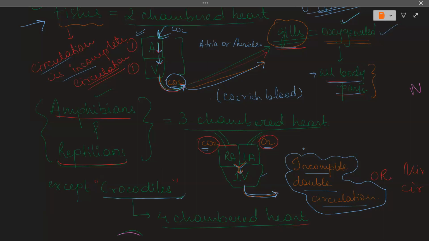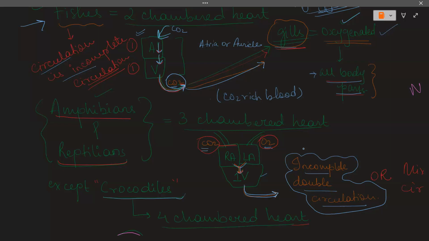Crocodiles have four-chambered heart. All amphibians and reptiles have three-chambered heart, except crocodiles. They have four-chambered heart. Full stop.